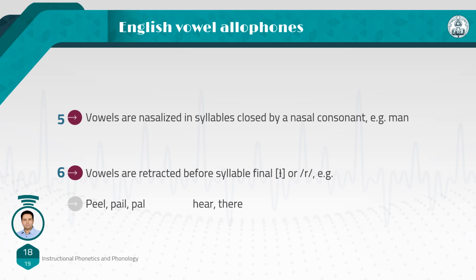In fact, we must note that allophones produced when vowels occur in syllables closed by l are in fact different from others. For example, compare your pronunciation of e in heed and heel, or for example, a in paid and pale.